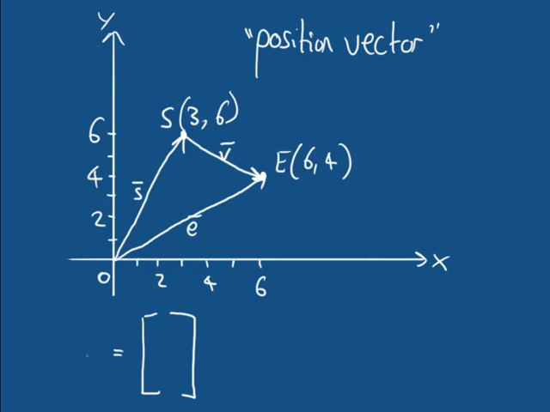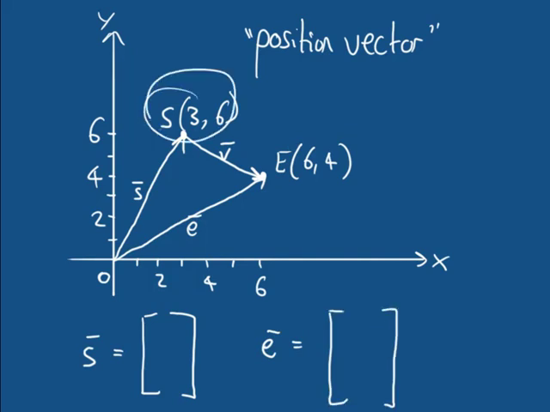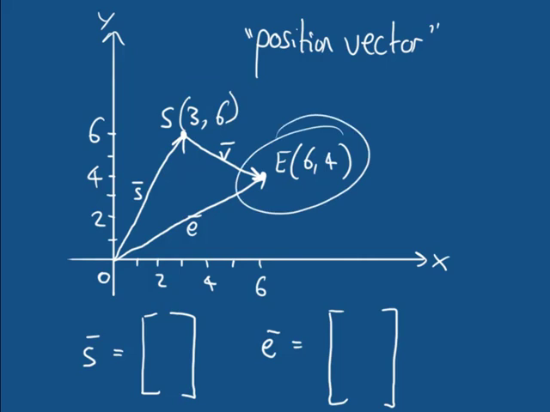Both of these are position vectors, which means we know they start at the origin, and that also means we can easily find the components of both of these vectors, because if it starts at the origin, then the components are going to give us the endpoint of the vector, which is exactly how we're defining these vectors.